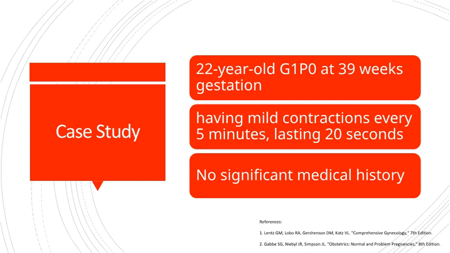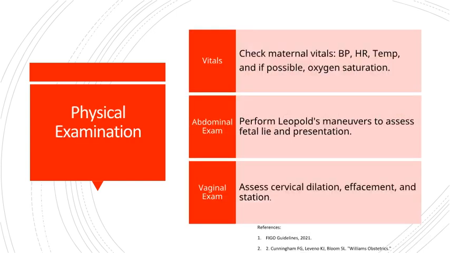You should also always assess maternal vitals, fetal heart rate, and cervical dilation to confirm latent labor and vertex presentation and rule out complications. During labor, a thorough physical examination is important. You must assess maternal vitals including blood pressure, heart rate and temperature, and if possible, oxygen saturations.